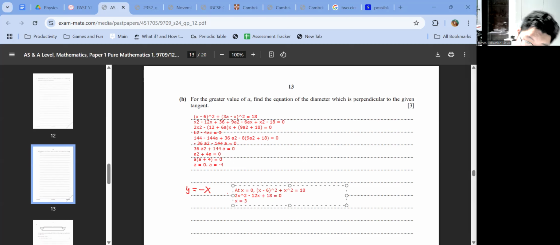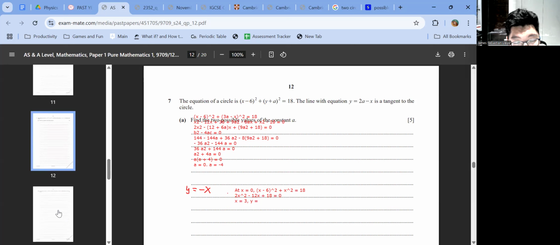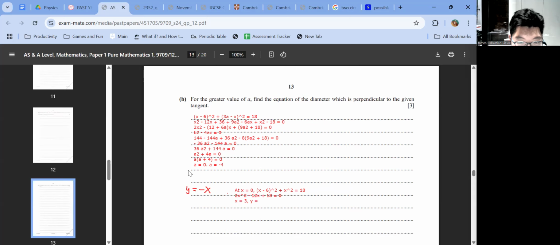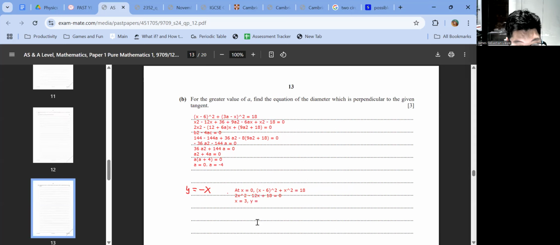And here it's pretty much obvious that x is 3, then if x is 3, then y is of course minus 3.